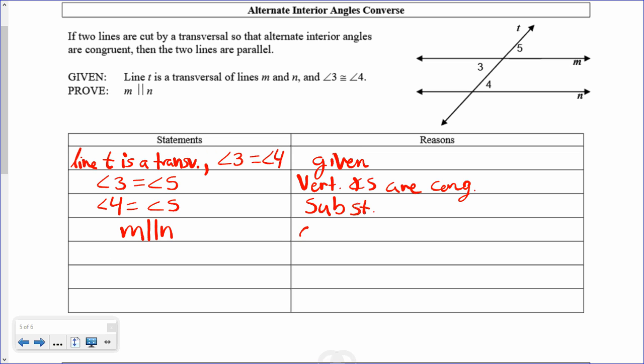So the two lines are parallel because corresponding angles postulate. Is it the postulate or the converse? Converse, because you're going from angles to lines. Right? Everybody good so far?